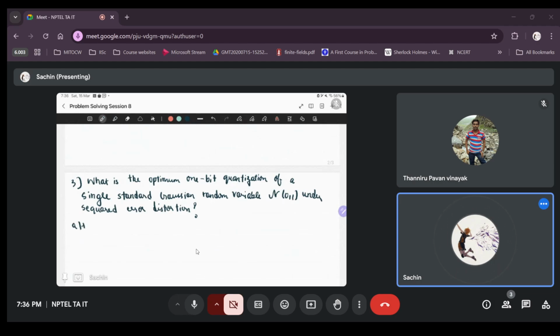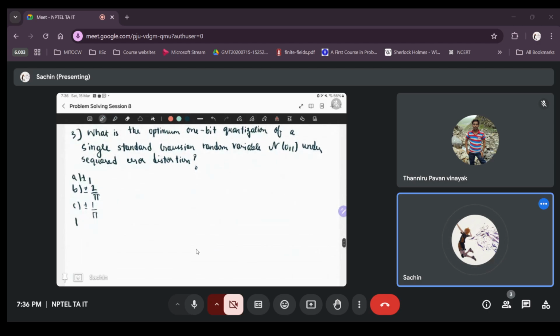The options are plus or minus 1, plus or minus 2 over pi, plus or minus 1 over pi, plus or minus square root of 2 over pi.